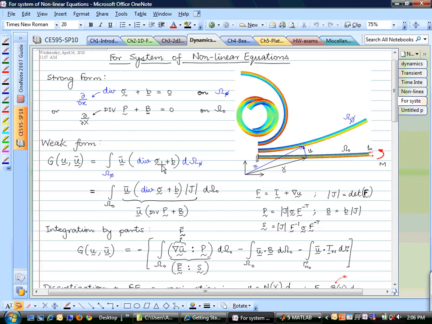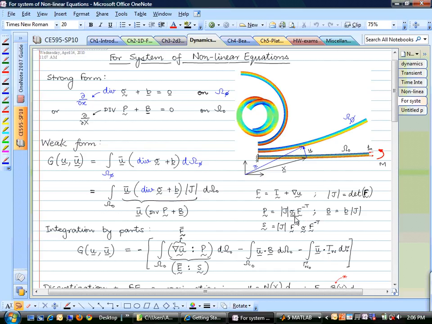What people found was, if you transform this integral from the deformed configuration to the undeformed configuration, you will see that when you take this J inside, this P, this first Piola-Kirchhoff tensor, naturally comes out to be J times Cauchy stress. This was our regular stress, times F inverse transpose. And this first Piola-Kirchhoff stress tensor is not symmetric.